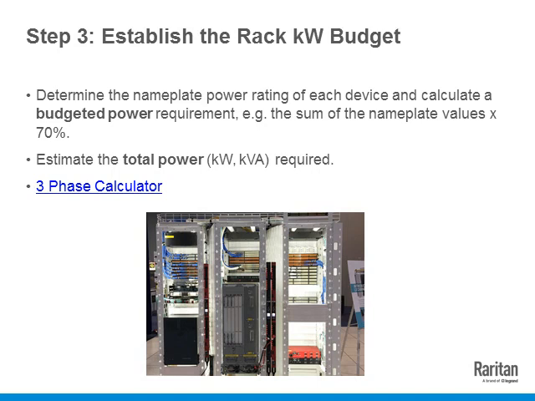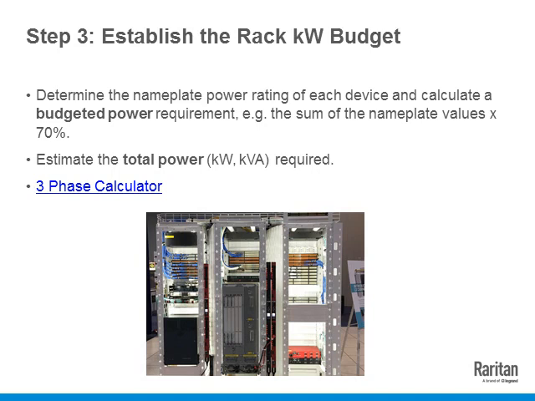Well, this is a very conservative way of estimating the power requirement, because the reality is the nameplate value is just the maximum power this device is ever going to draw at any given time, and that is not what your device is going to be running at. So if we do 100% nameplate value, you're going to provide a lot of capacity and power to the rack that may be underutilized.